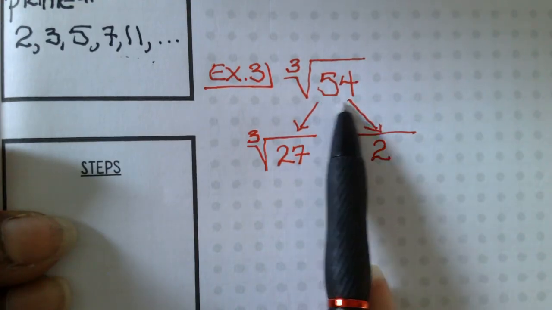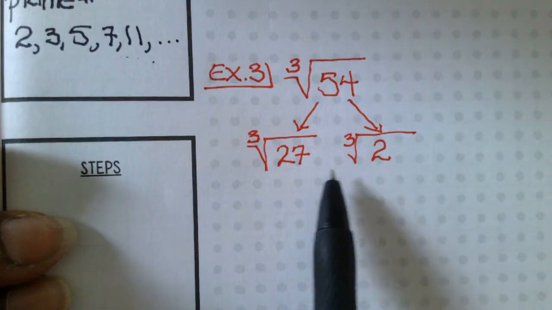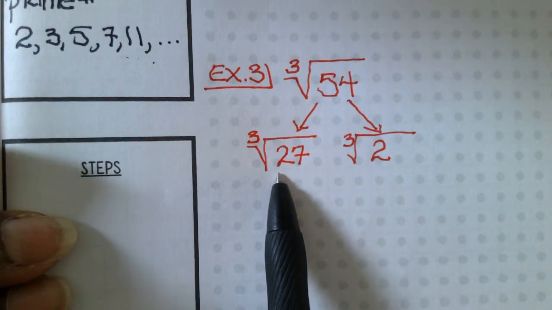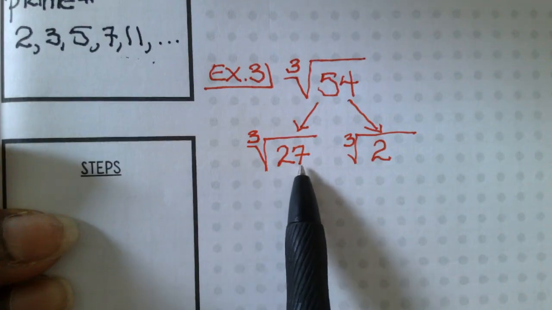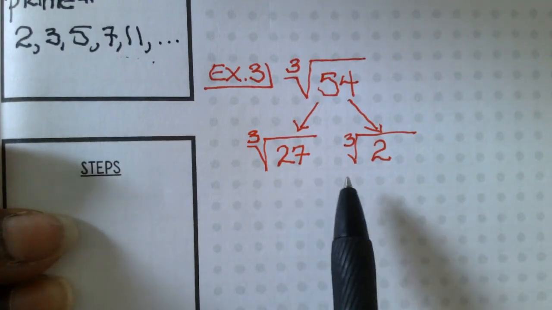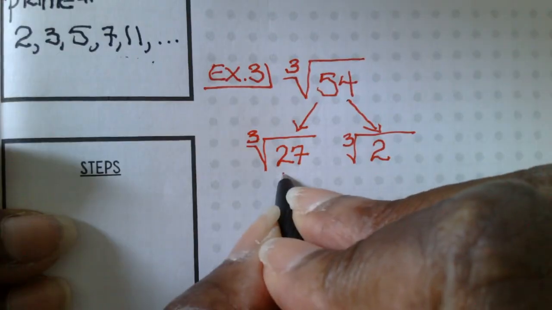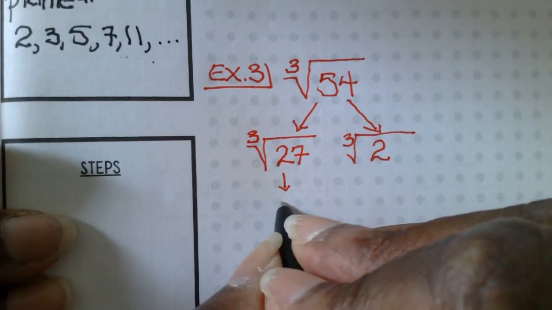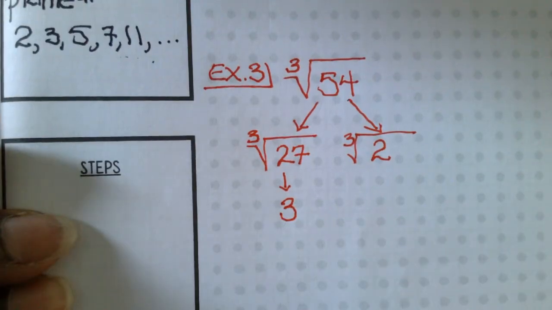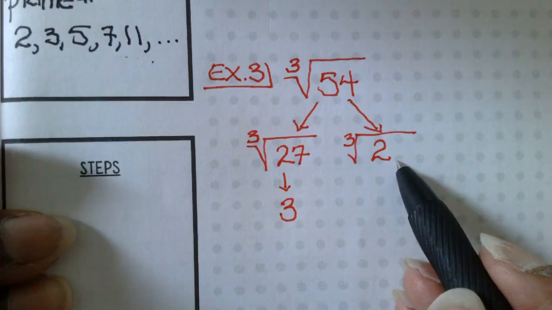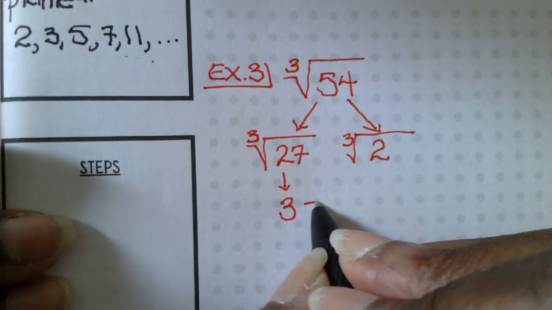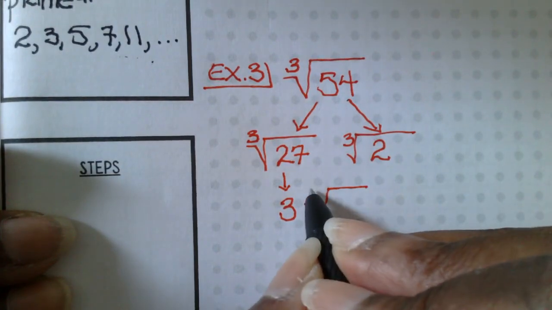If I take that 54 and I divide it by 2, and I get a perfect cube answer, we can look at it that way. So now, the cube root of 27, which we just found, 3 cubed, will give us a whole answer of 3. Okay. But now the cube root of 2, since that's prime, if I can't break it down, I simply bring it down.